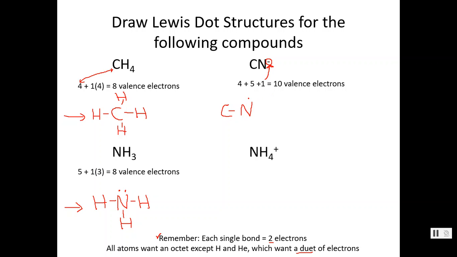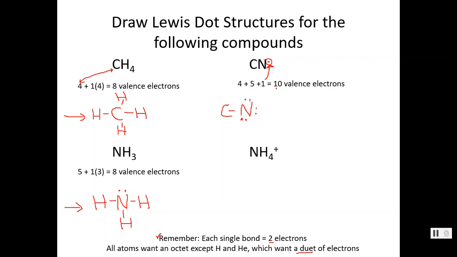I'm going to complete the octet on my outer atom, specifically nitrogen. Right now nitrogen just has 2 valence electrons. It needs 8. So I've used 2 here, then 3, 4, 5, 6, 7, 8. So nitrogen now has 8 valence electrons, and I've used 8 valence electrons to make this Lewis dot structure so far.